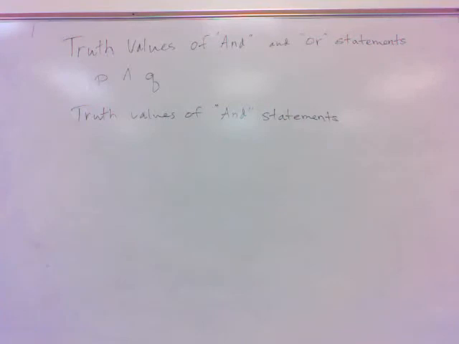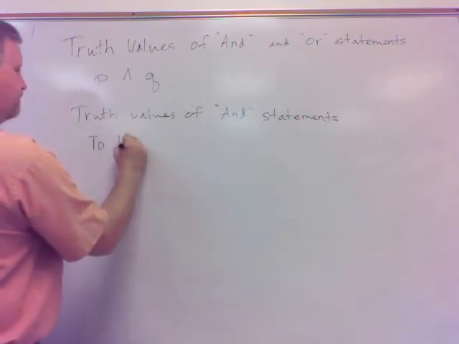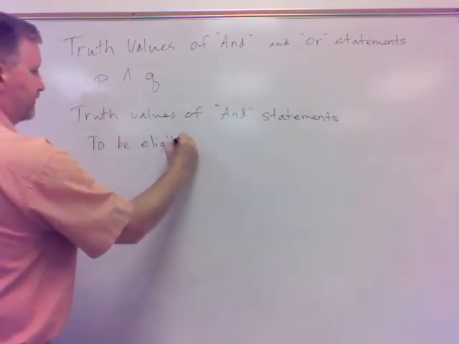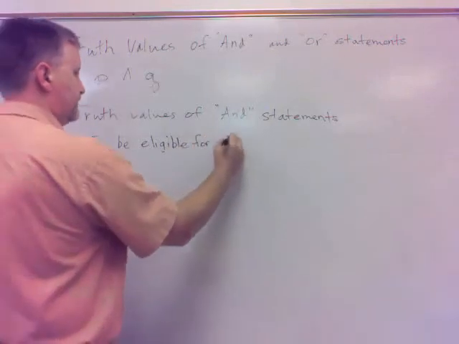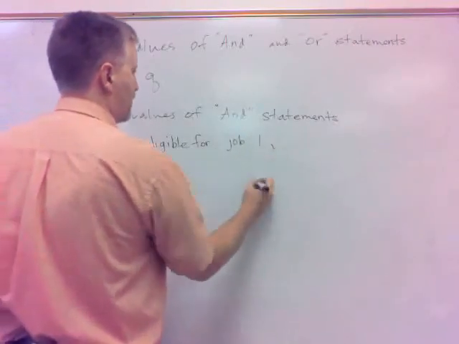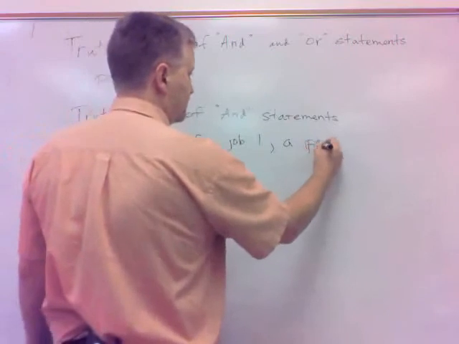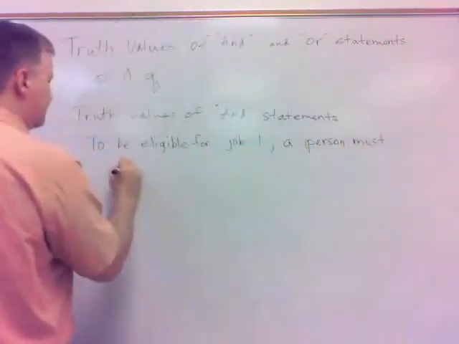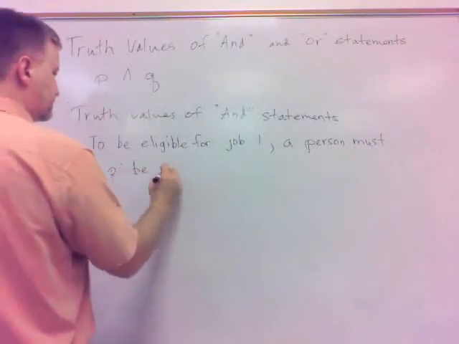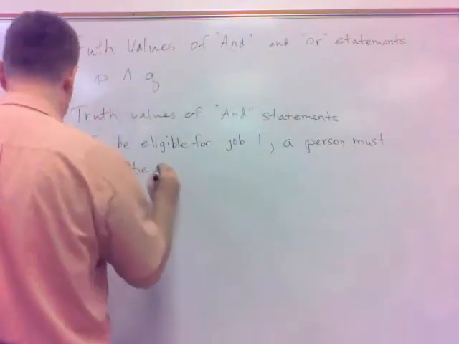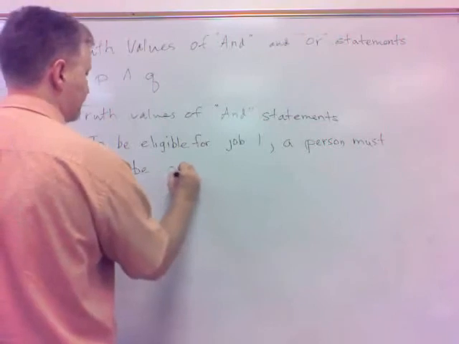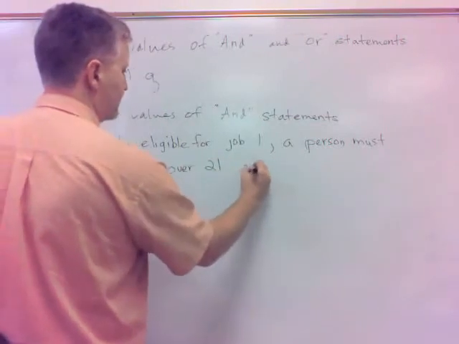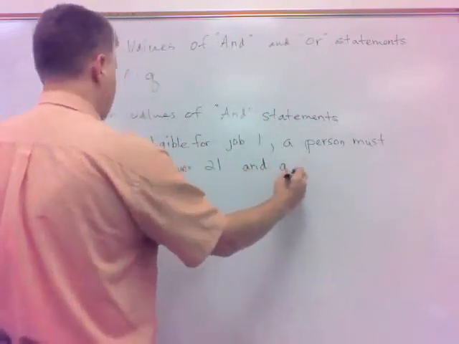The way we'll kind of approach this is by an example. Let's say I have a job opening, and to be eligible for the job that we're talking about here, job number 1, a person must be P, be over 21, and Q, be a college graduate.